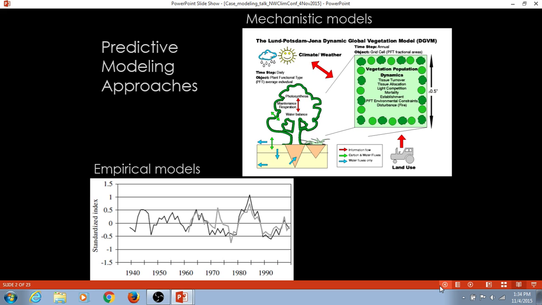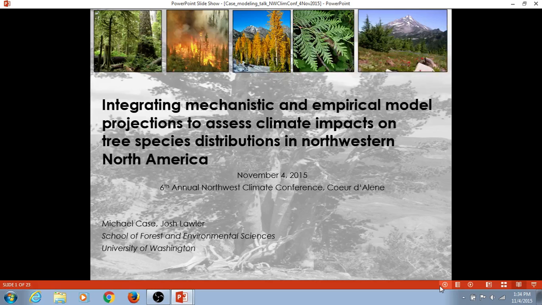Because of that, they are problematic to apply to individual species, and definitely difficult and computationally intensive to apply across large spatial extents. So there are some limitations, but there are also strengths of both approaches.